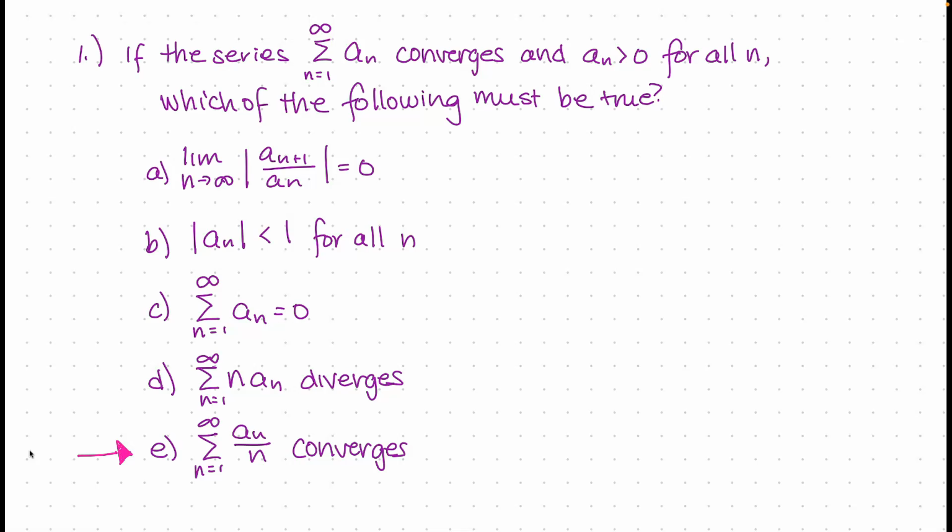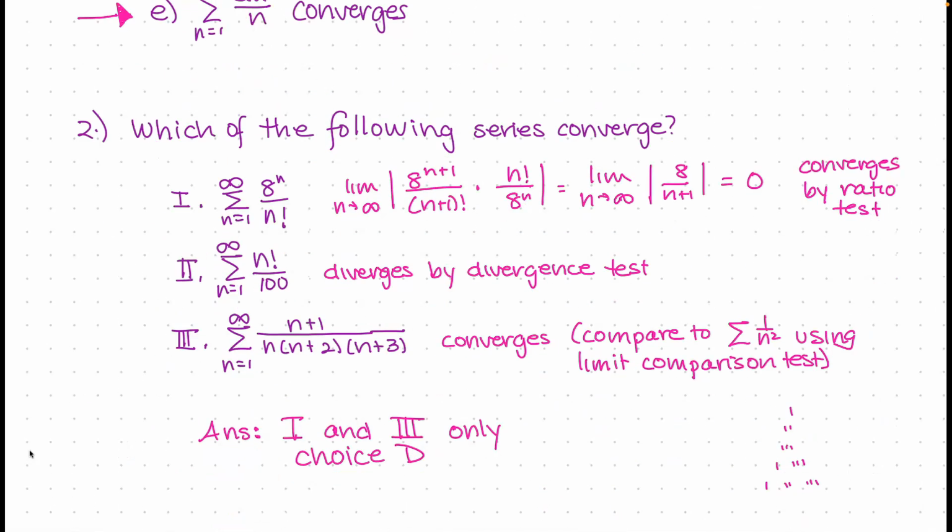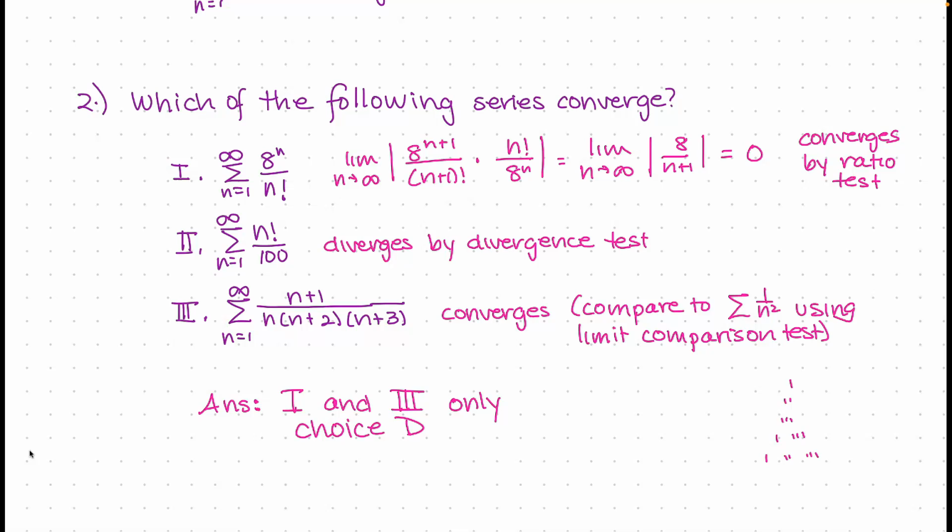All right. There's number 2. We don't need all that. Those are my distractors. That's just the one that says if the terms don't tend to 0, it's going to diverge.